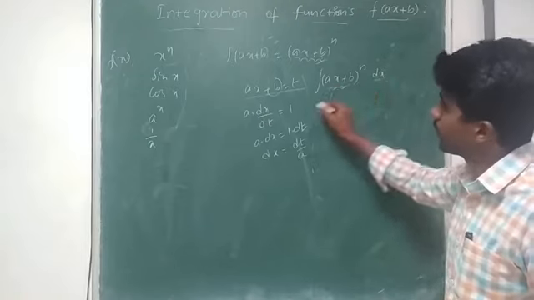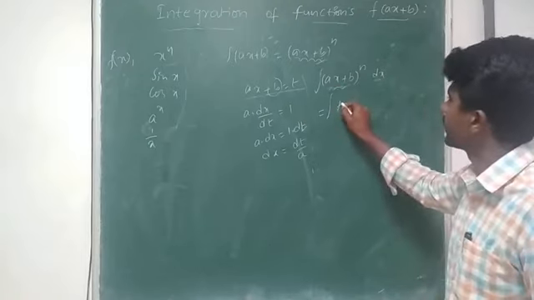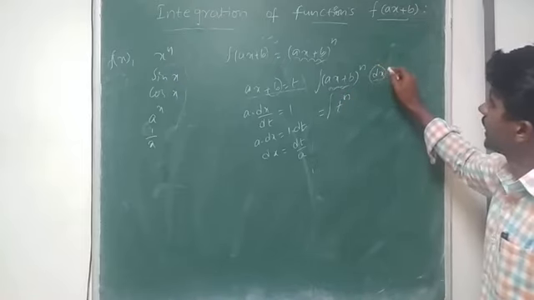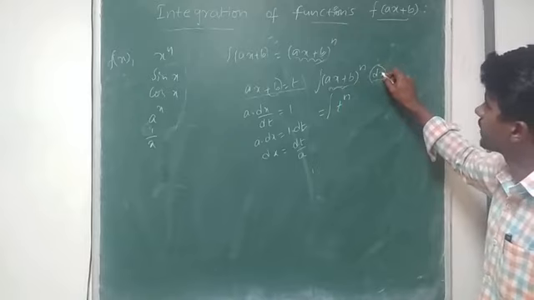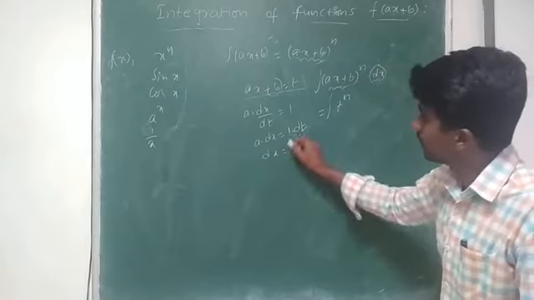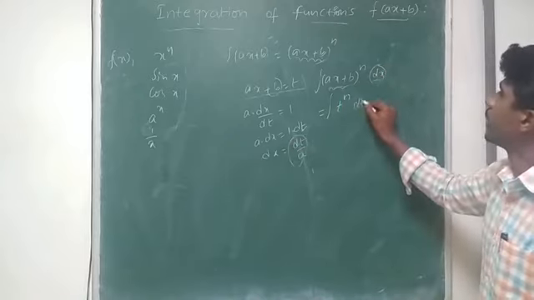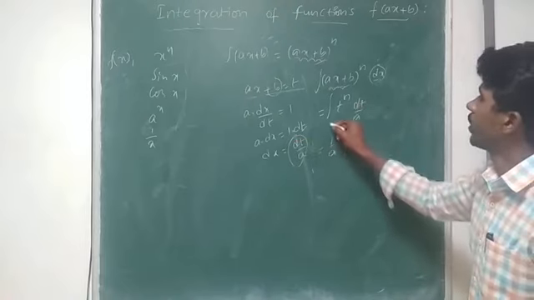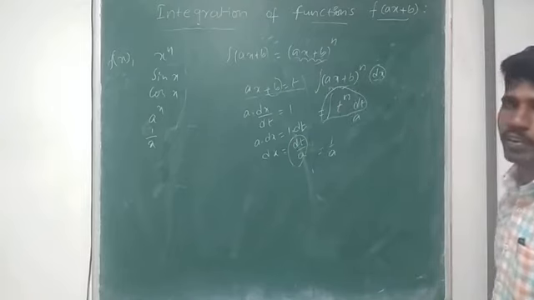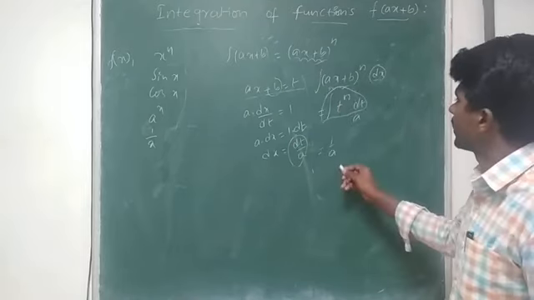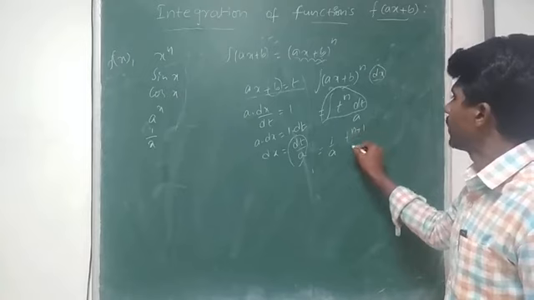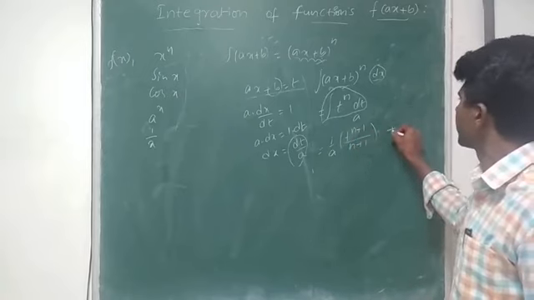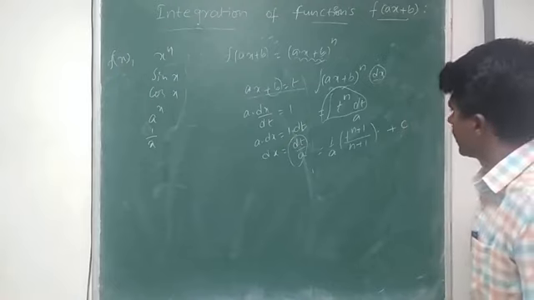Now ax plus b I substituted as t, so it becomes t to the power of n, and the variable of integration is dx, so I have to replace this dx by dt by a. As a is a constant, I can take it outside. Now I can apply the standard formula, which is t to the power n plus 1 by n plus 1, plus some constant c.